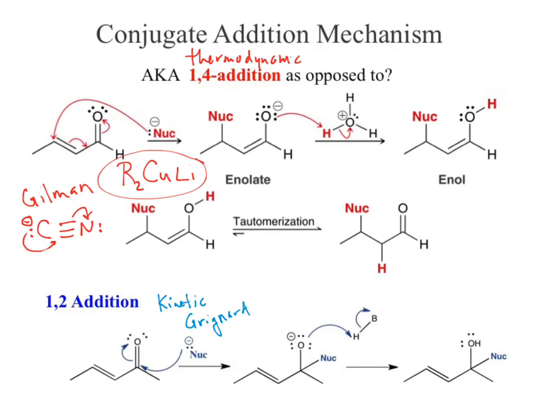There is also a hybridization stabilization. That carbon is sp, which means it's more electronegative. It's now stabilized that negative charge a little bit better.